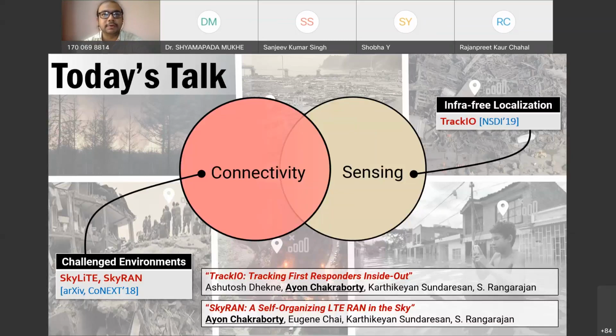They also need to be tracked, because if somebody needs medical attention, you have to immediately send the medical group to rescue him and take him to a hospital, right? So it's very important for the firefighters or the rescue mission people. They need to be tracked, right? So we are trying to use this drone for both the purposes.